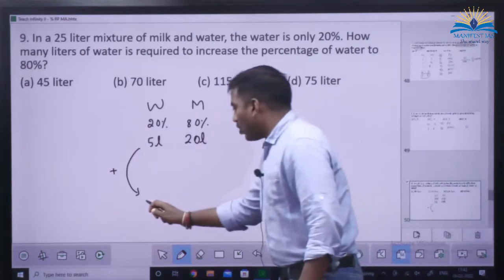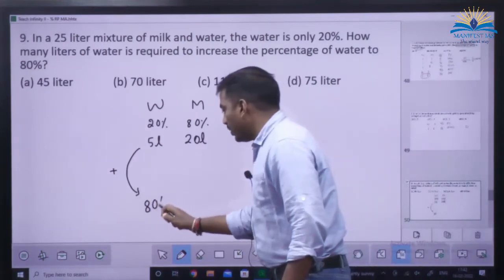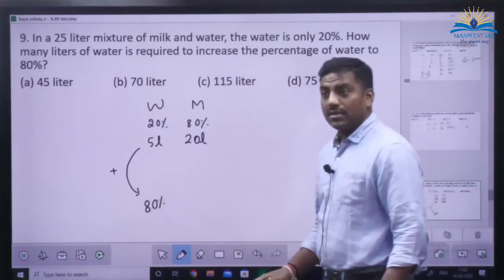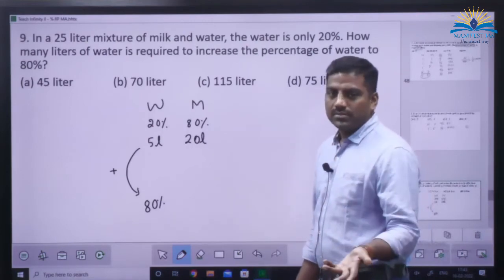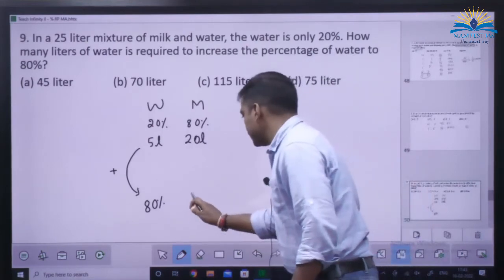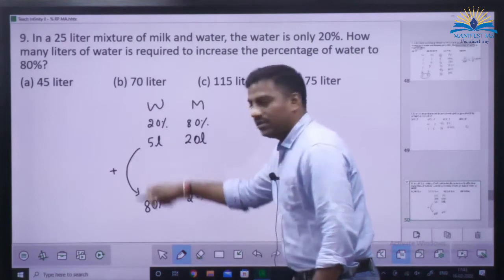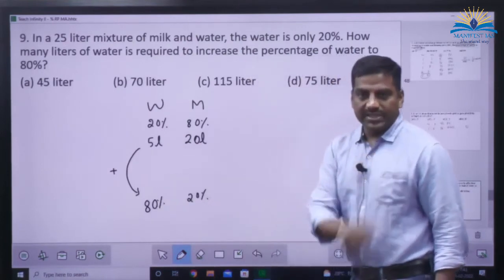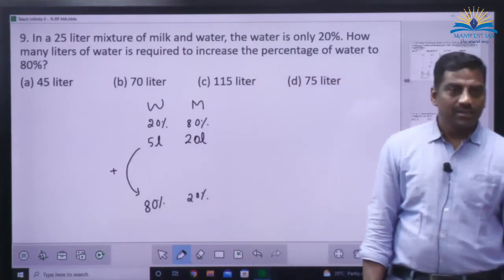If the amount of water becomes 80%, what will be the amount of milk then? 20%. At the end of this transaction, if water becomes 80%, what will be the share of milk? 20%.